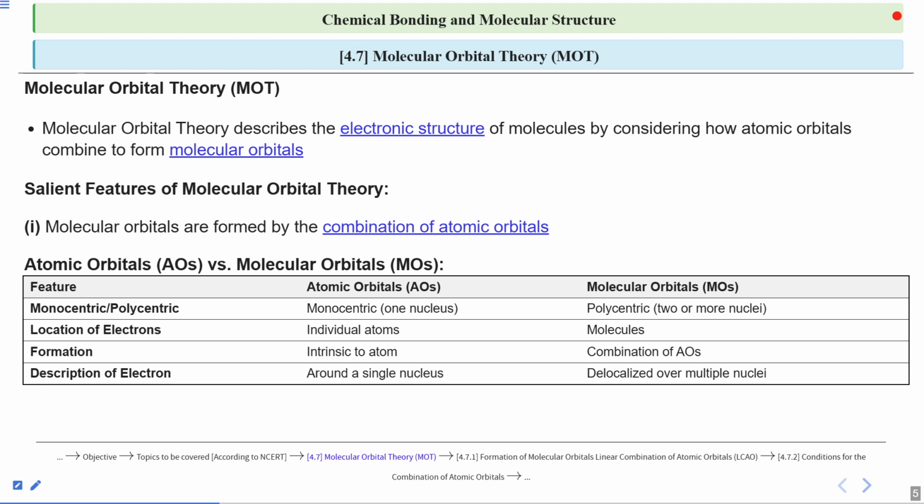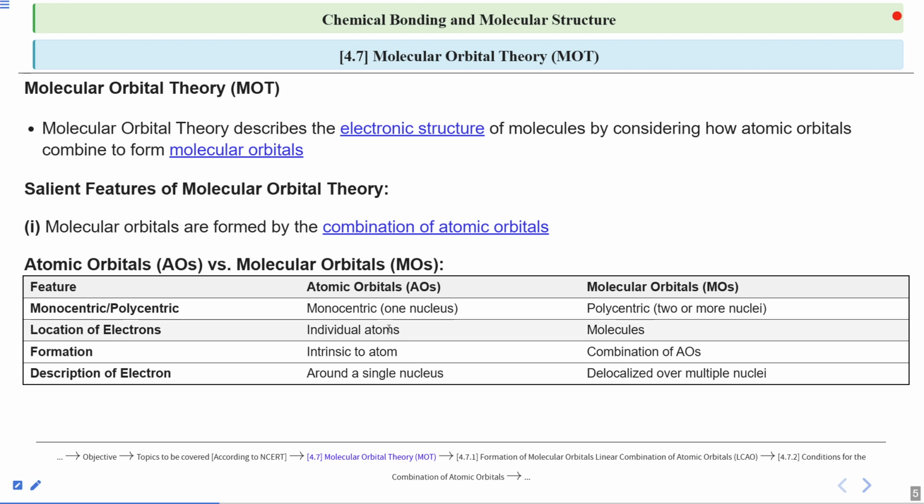But in the case of a molecule, we have multiple nuclei. Suppose you take H2O. You have the nuclei of two hydrogens and the nucleus of oxygen. So the molecular orbitals present in the molecule will experience the force due to each of these nuclei, right? So this is very, very important to understand.